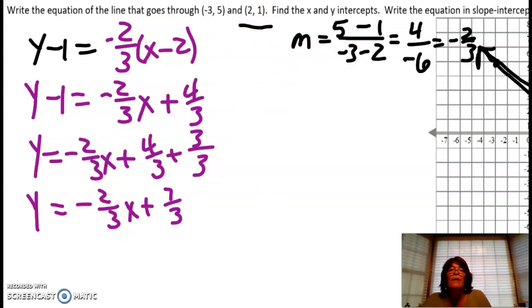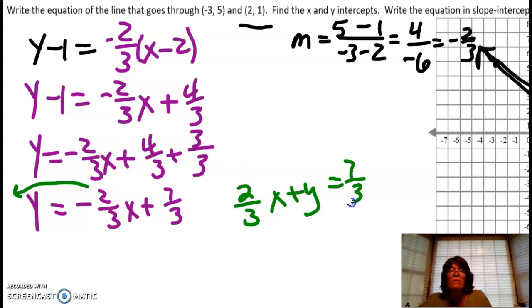Standard form, well, not too terrible. I'm just going to add the 2/3 x over here with the y. That first step's not bad. You just add or subtract, whatever you have to do to get the x term to the other side. Then I remember that all the numbers have to be integers, not fractions, and the first term has to be positive, which it is.